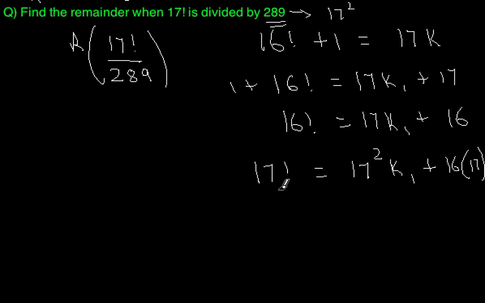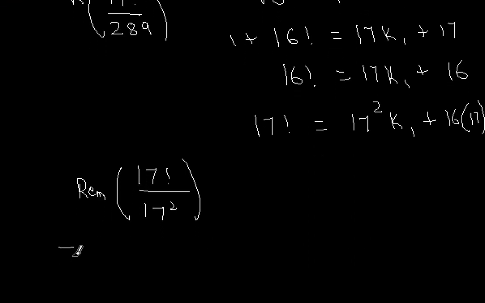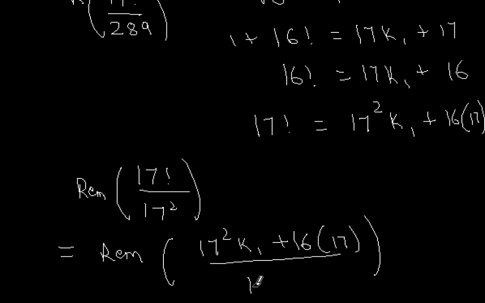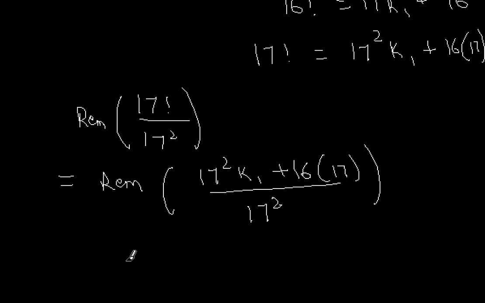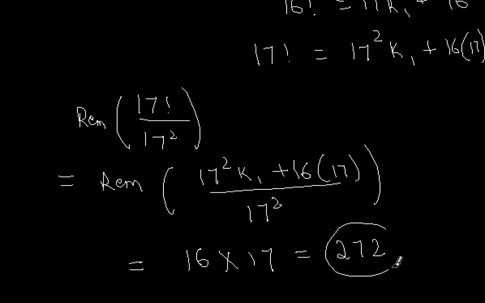So the remainder when 17 factorial is divided by 17 square is equivalent to the remainder when 17 square k1 plus 16 into 17 is divided by 17 square. The 17 square k1 term is a multiple of 17 square, so it cancels out, and we are left with the remainder of 16 into 17, which is equal to 272. So this is the required remainder in this case.